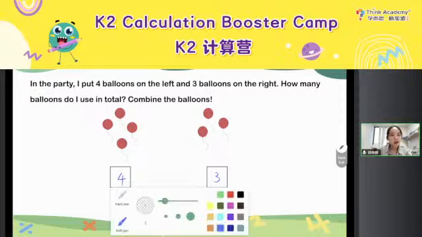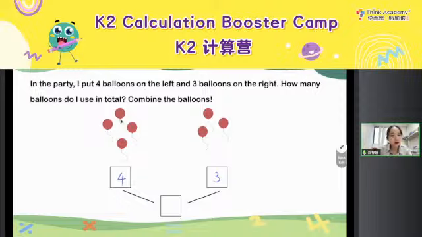Still, I can count all the balloons. 1, 2, 3, 4, 5, 6, 7. Oh, it's 7 in here. Which also means if you got the two parts as 4 and 3 in here, the two parts can combine together and get you a whole part as 7. All right.